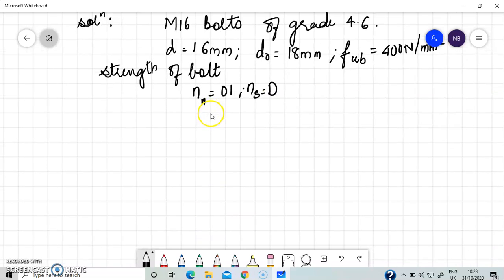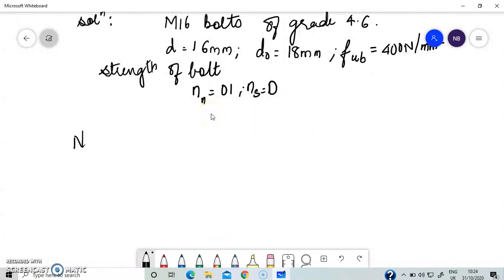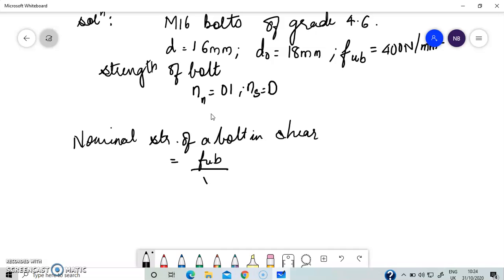To find out the nominal strength of a bolt in shear, the formula we use is FUB upon root 3 into pi by 4 d square into Nn, where Nn is 1.